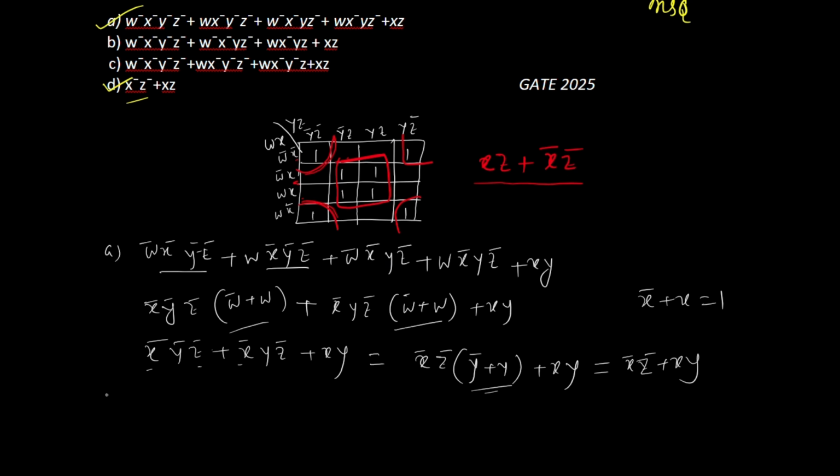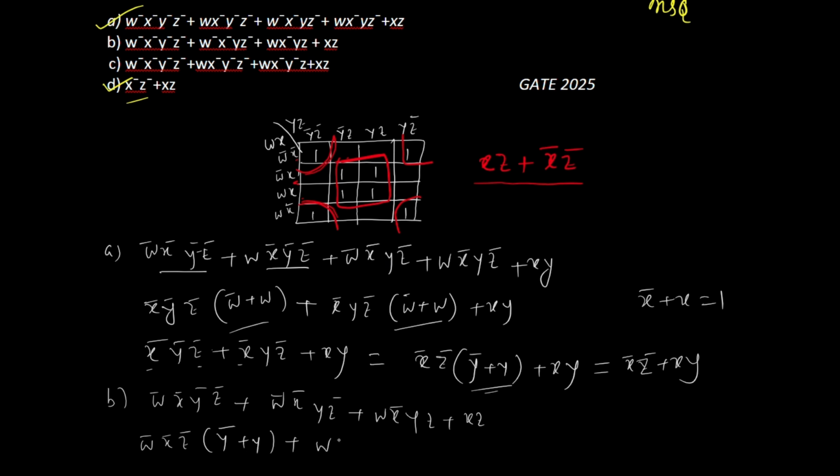So option number A is also correct. Now we have to see option number B. Here w bar x bar y bar z bar plus w bar x bar y z bar plus w x bar y z plus x z. Now if we take common w bar x bar z bar from this, remaining part is y bar plus y, which is 1, plus w x bar y z plus x z.